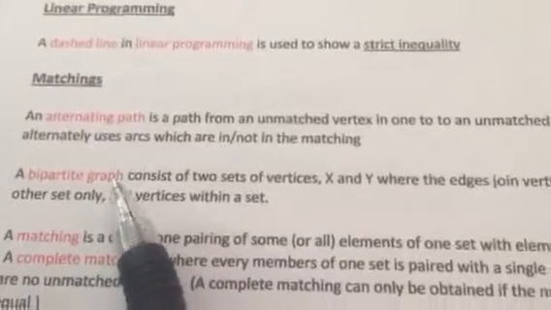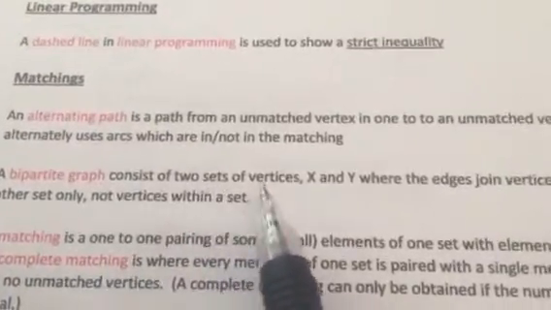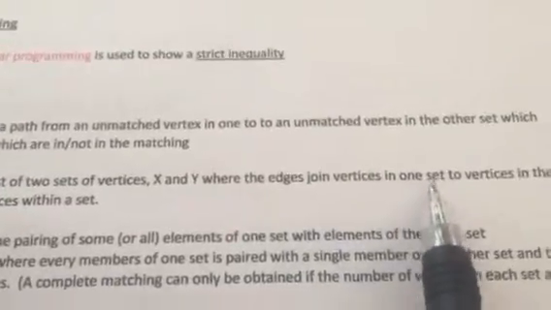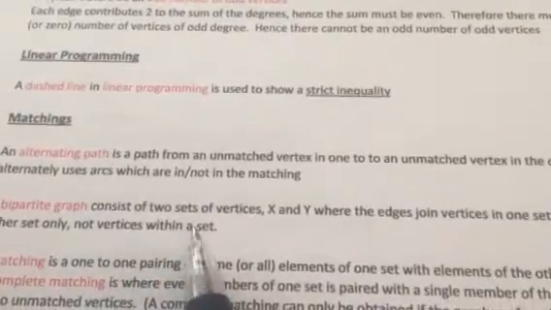You need to learn the definition of a bipartite graph. So a bipartite graph consists of 2 sets of vertices x and y, where the edges join vertices in one set to vertices in the other set only, not vertices within a set.